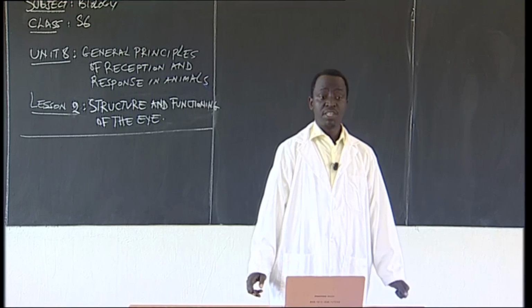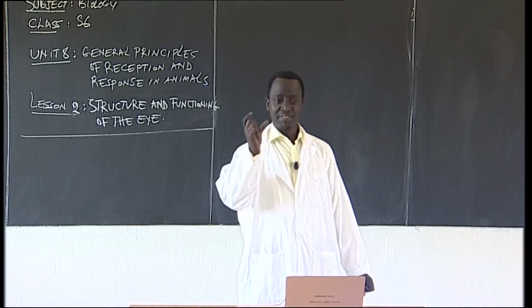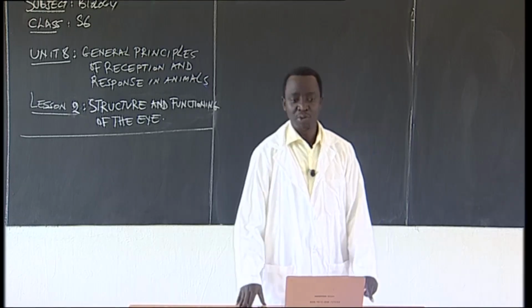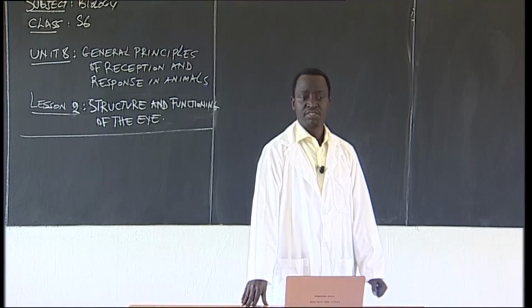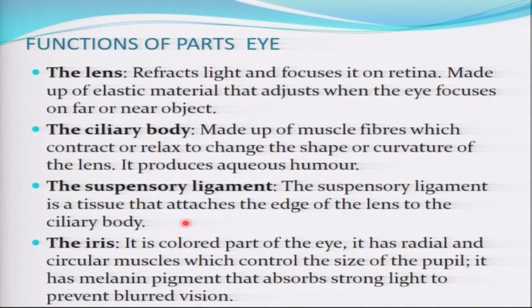Finally, we have what you call the iris. It is colored, as I have said. It is the colored part of the eye. It has radial and circular muscles which control the size of the pupil. So this iris is the one that can control the size of the pupil. It has melanin pigment that absorbs strong light to prevent what you call blurred vision.